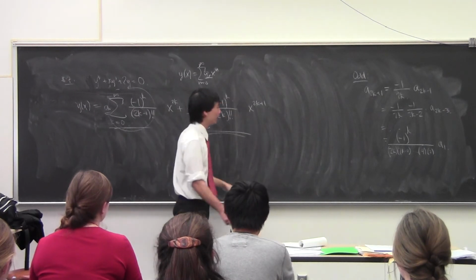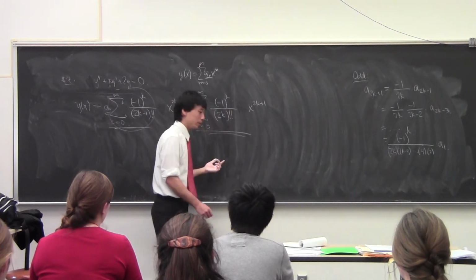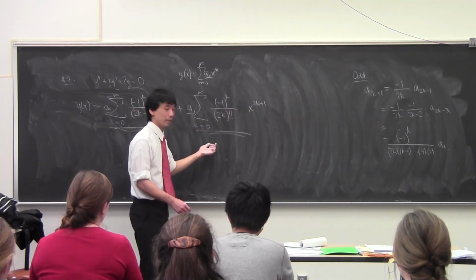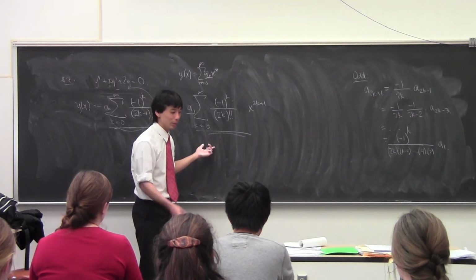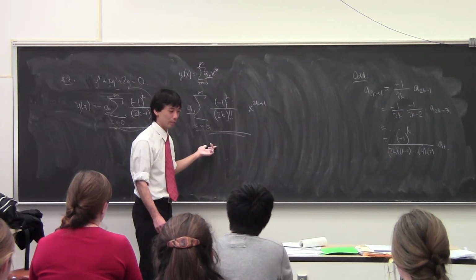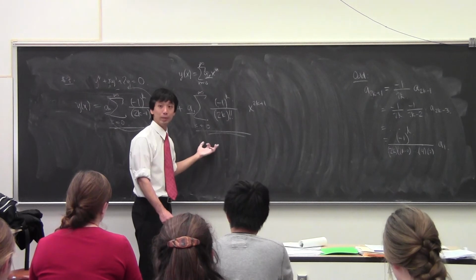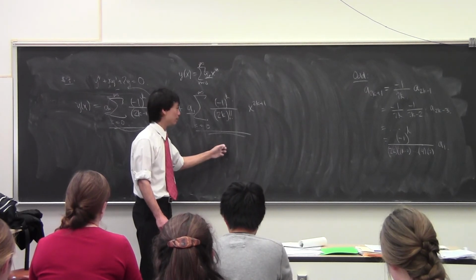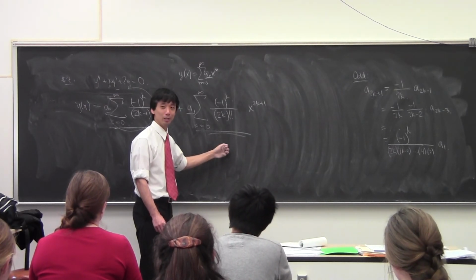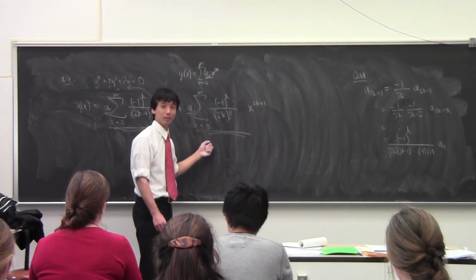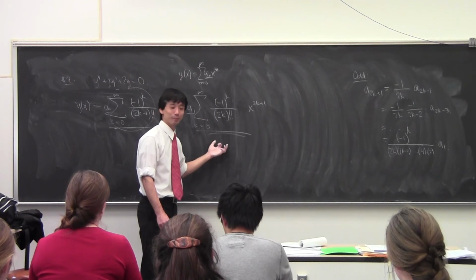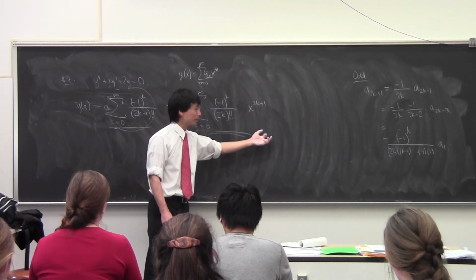You just say, well, look, these guys fall into the evens and the odds. There are some examples. I think there's one example in the book where they fall into three streams. There'll be the guys who depend on A naught, the guys who depend on A1, and guys who depend on A2.